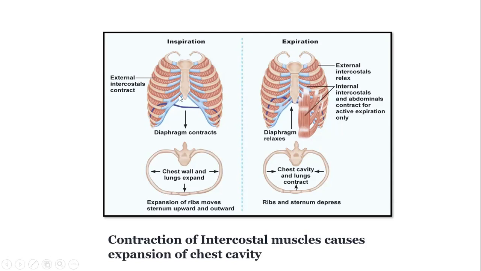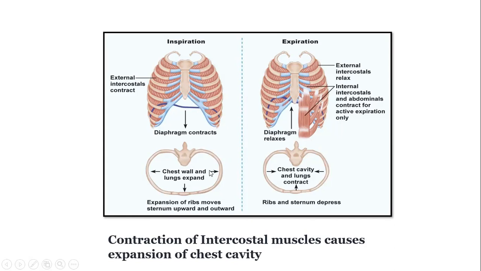So you can see here, these are the external intercostals or intercostal muscles, and this is the diaphragm which undergoes contraction. When the intercostal muscles and the diaphragm undergo contraction, there is expansion of the chest wall.